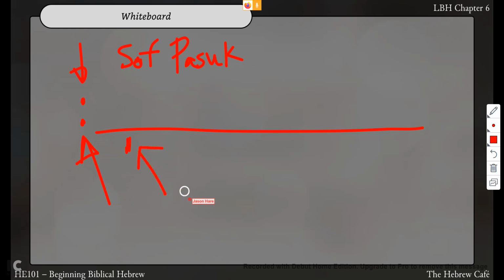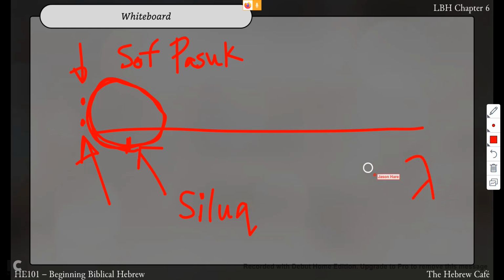And siluk is the name of the tone that is attached to the end of the verse. When a word appears in the last position of the verse, with sof pasuk, it will change. Many times this has an effect on the vowels, how you say a word.